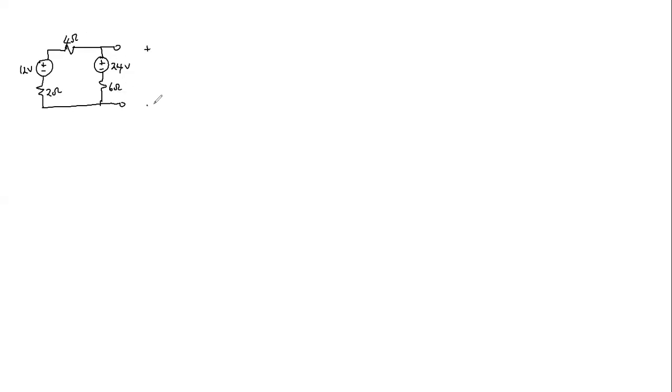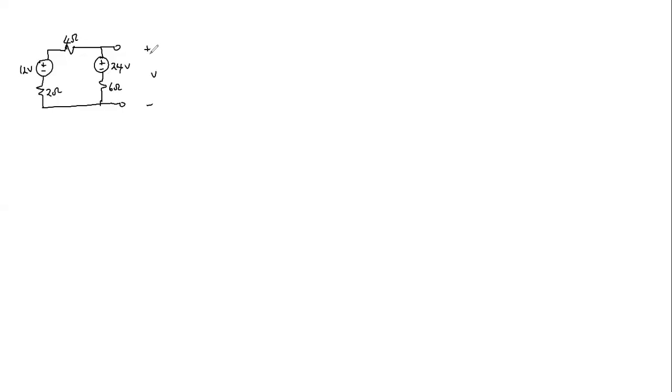So we want to calculate the voltage across the terminals. Now, by inspection, we observe that the 4 ohm resistor and the 2 ohm resistor are connected in series with the 12 volt source, and the 6 ohm resistor is connected in series with the 24 volt source.